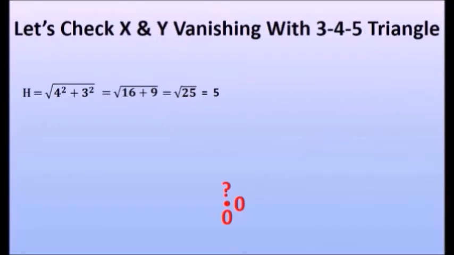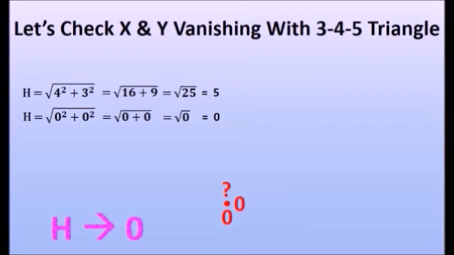Since x and y both equal 0 now, we have h equaling the square root of 0 squared plus 0 squared, which is the square root of 0 plus 0, or the square root of 0, which is 0. Everything is 0 here. This indeed matches our intuition for what we felt should happen earlier.